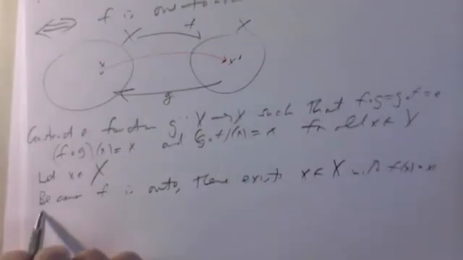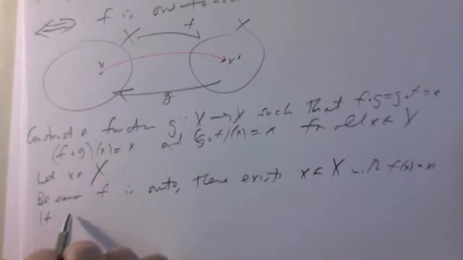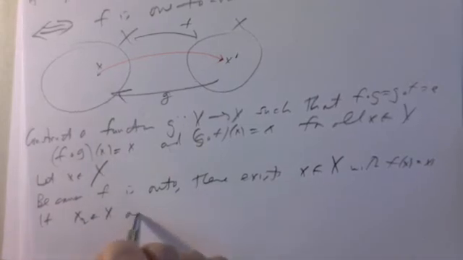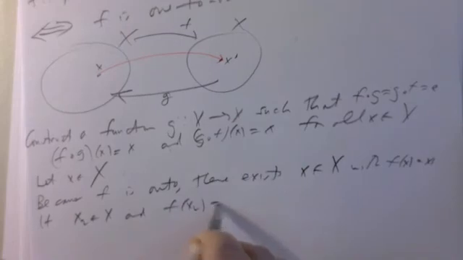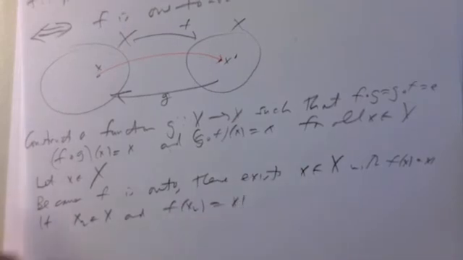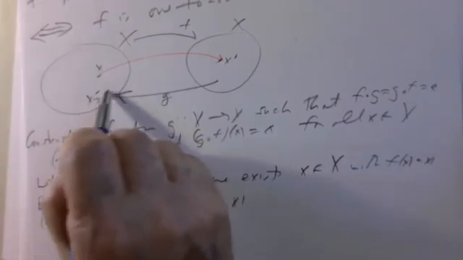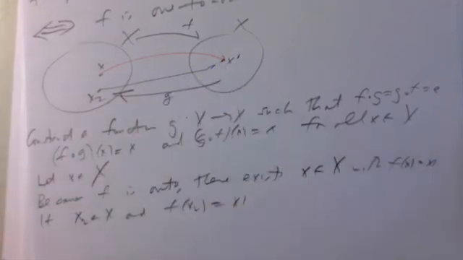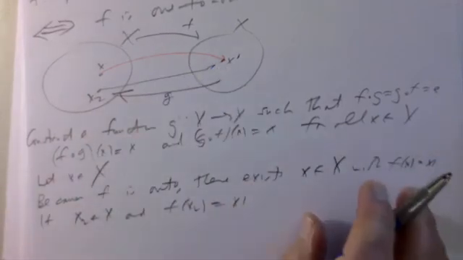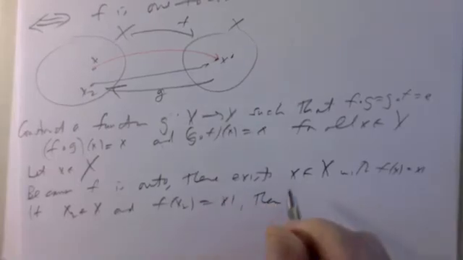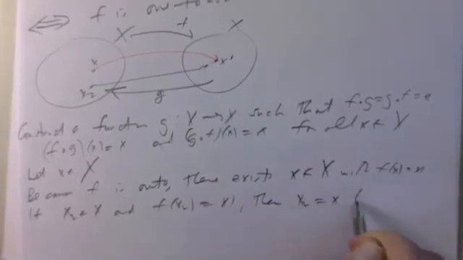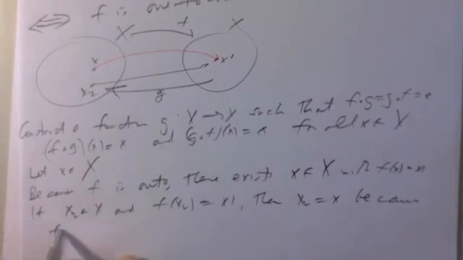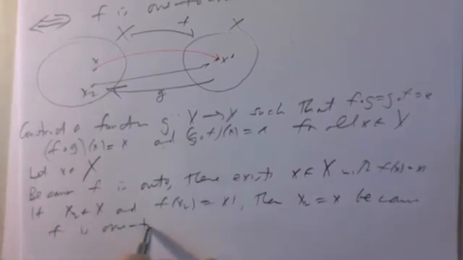And if we have another element, x2 in X, and f of x2 also gets sent to x prime, well, that can't happen. Then x2 is actually equal to x because f is 1 to 1.